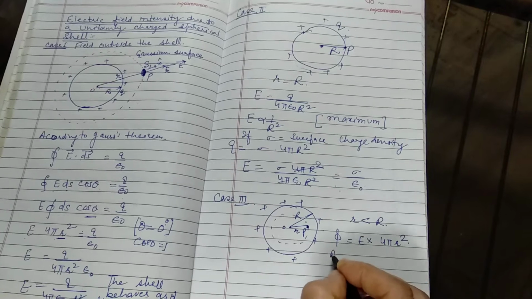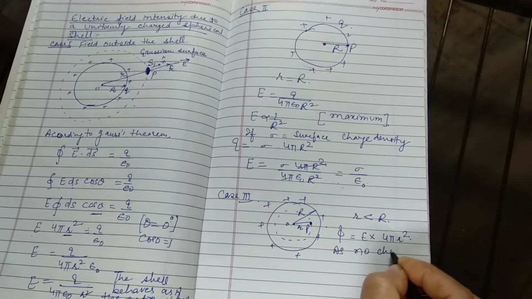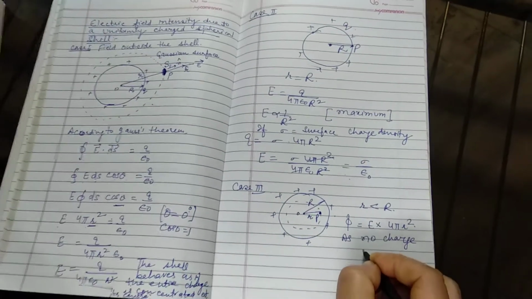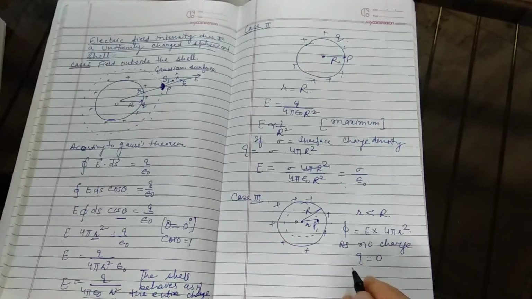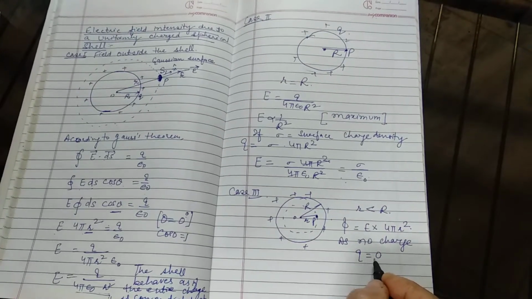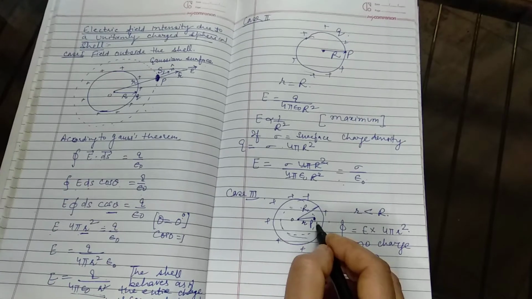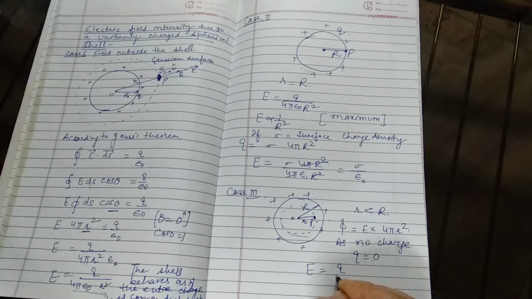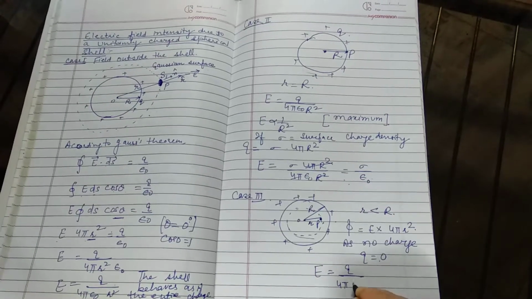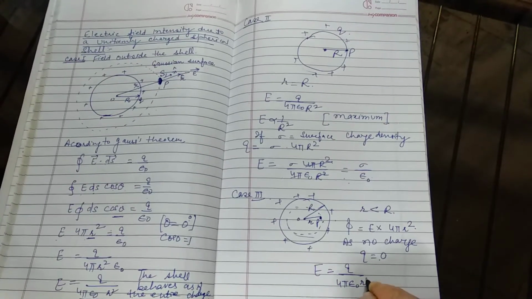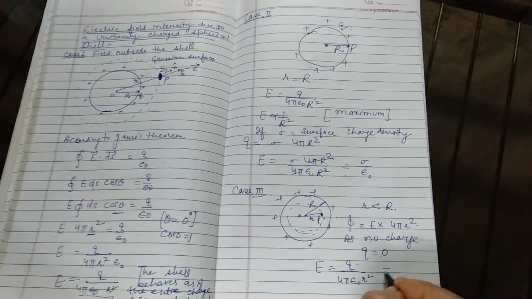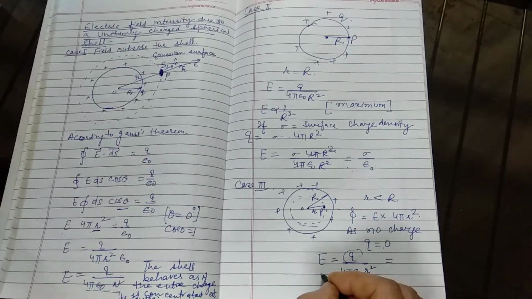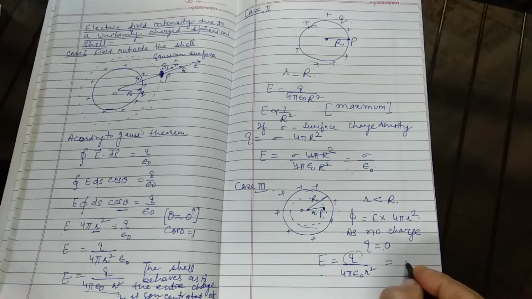Now as there is no charge inside the Gaussian surface, the charge enclosed is 0, so it means the electric field intensity is also 0.